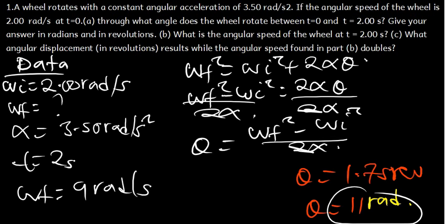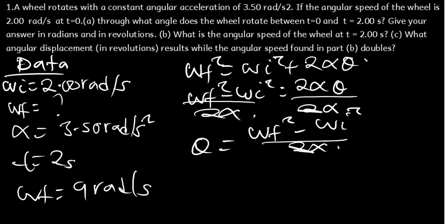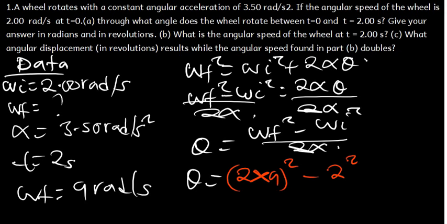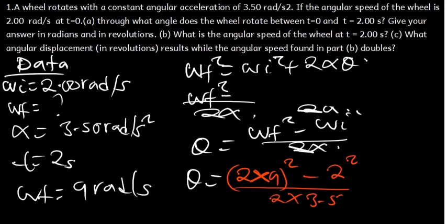We see what we're going to have. So if I double the one I found here, it's going to be 2 times 9. Then I have to square it, minus 2 squared, divided by 2 times the angular acceleration, which is 3.5. So let's see what we're going to have.